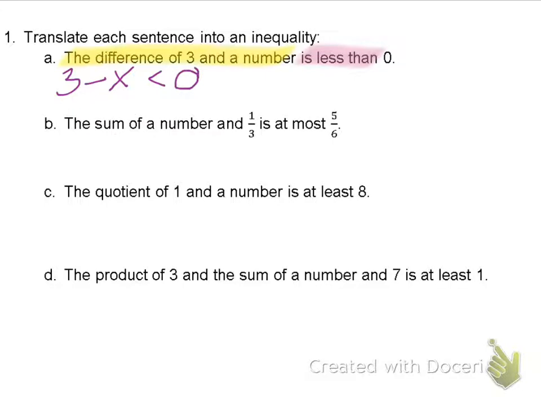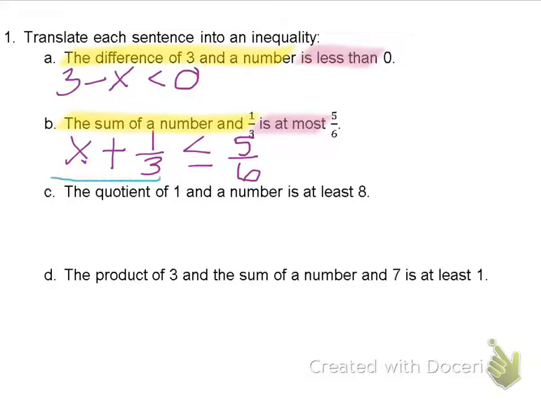Okay, and then the next one, the sum of a number, which we'll use x, and 1/3 is at most. Now if you remember from your notes, at most actually means less than or equal to, because this phrase on the left, at most, can be 5/6, so it has to be less than 5/6 or equal to it.